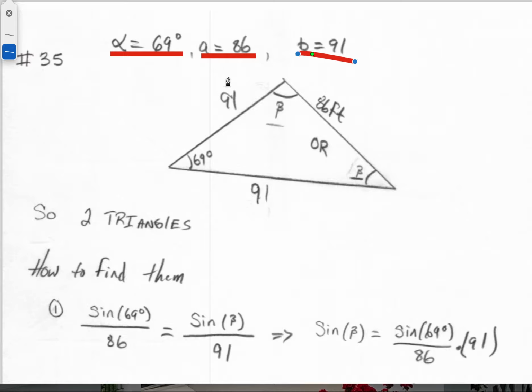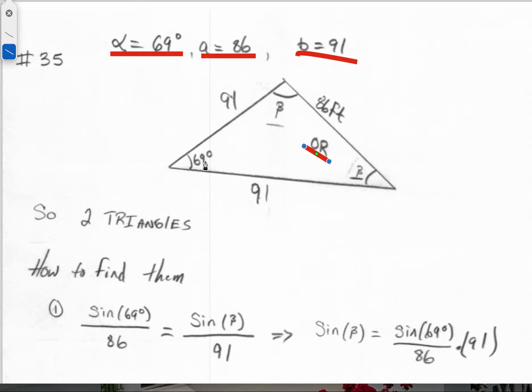Then I say to myself, where should I put 91? I could put 91 on this side, or I could put 91 on that side. I have two choices, right? If I put 91 on this side, then this would be angle beta, and if I put 91 on the side over here, then this would be angle beta. Because I get to choose, beta could be two different things, and that reminds me, I have two triangles.